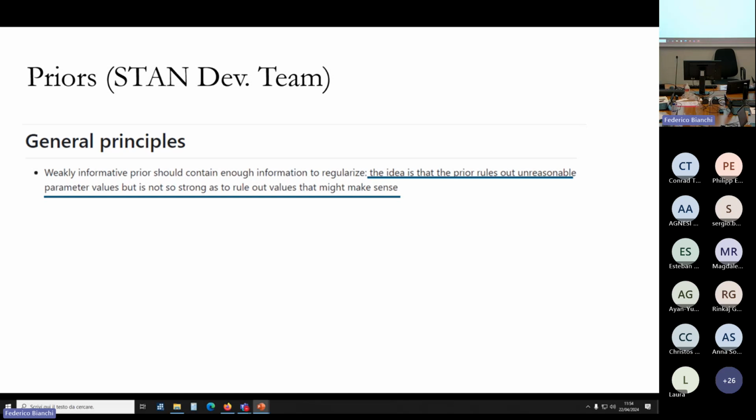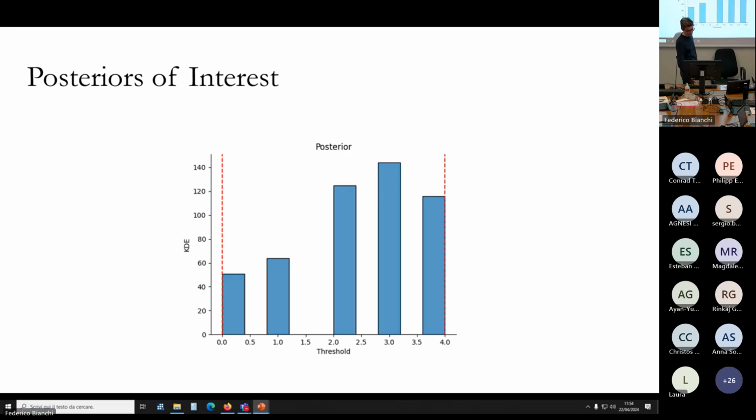So this is what we employ as our principle for this analysis. We excluded very unrealistic possible parameter values, say a threshold of 27 or something like this, or a negative threshold clearly, but we restrict it to a bound, and then we give it a bit of space to search for possible solutions.